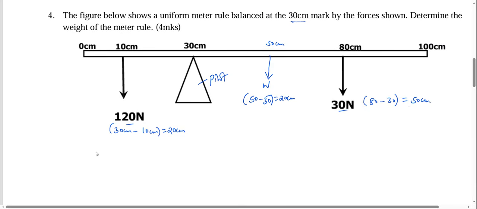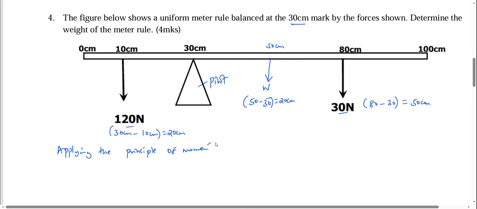Now, applying the principle of moments, we have the clockwise. The clockwise moments are on the right. These are the clockwise moments.